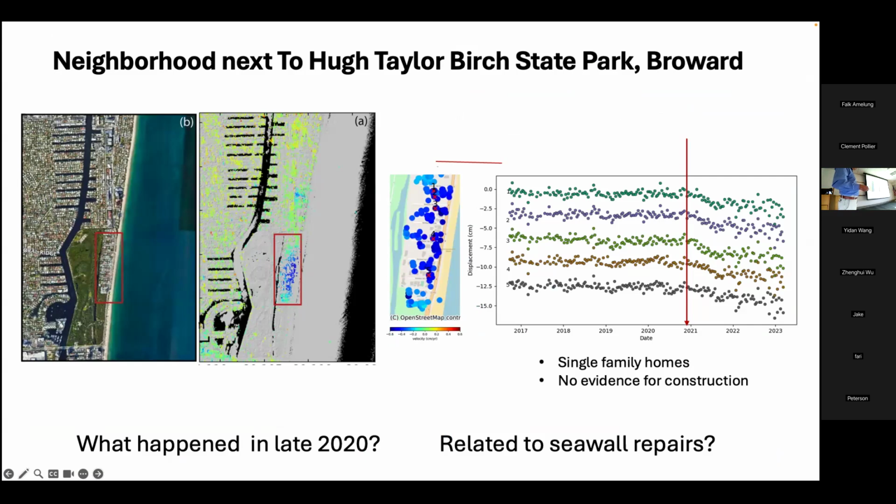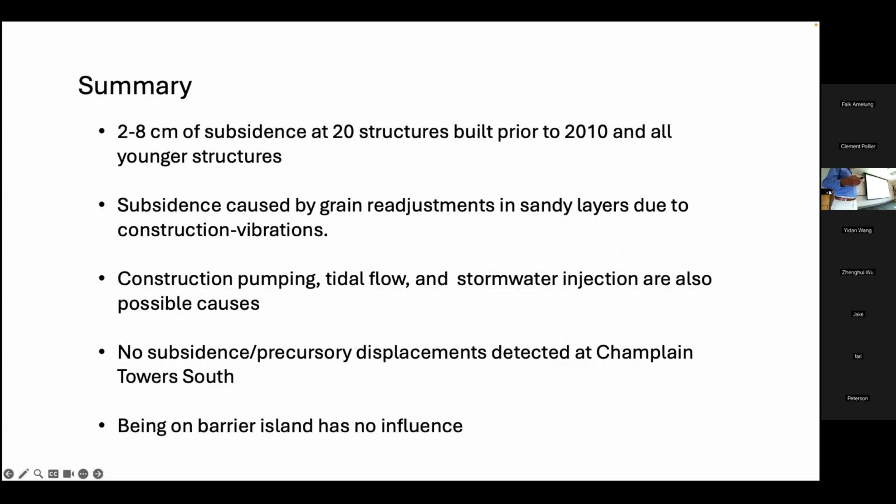There is nothing going on up to 2021, and then suddenly we see subsidence. There was some seawall repair. Maybe that's some very weird geology. We don't know yet what's going on. And there was no evidence for construction at all. So if the same mechanism applies, then maybe it's related to the seawall repairs. And I suspect some locally very weird geology.